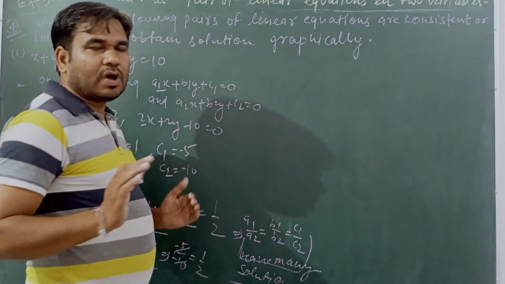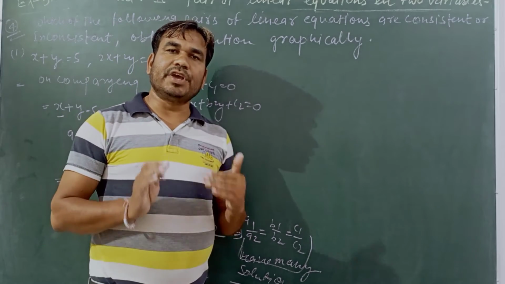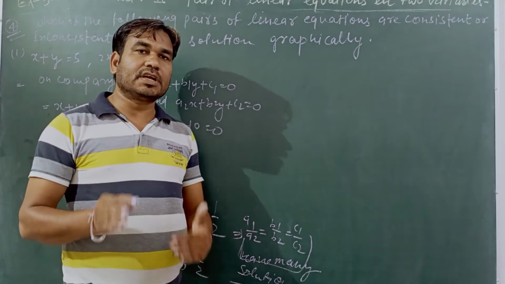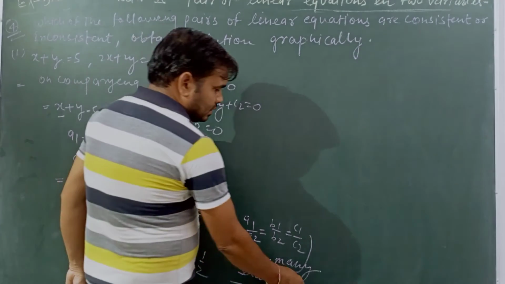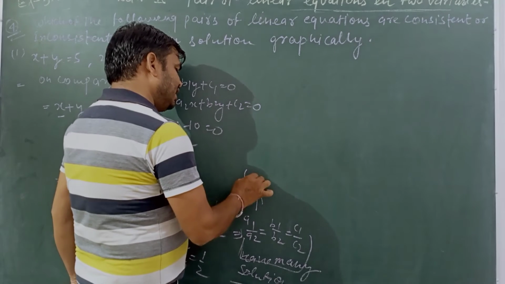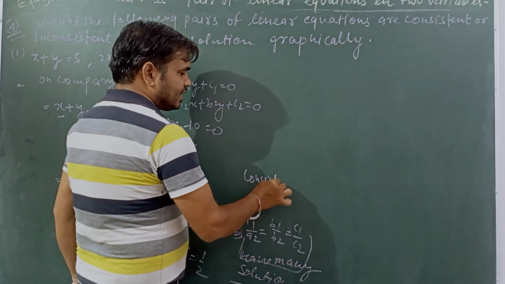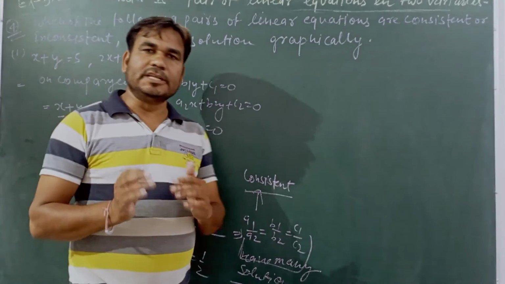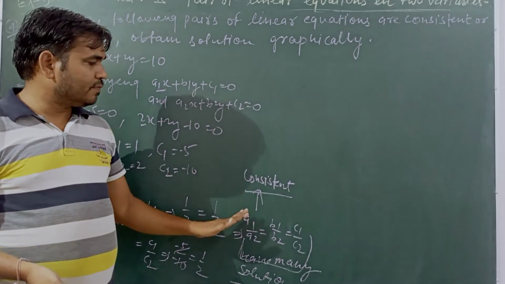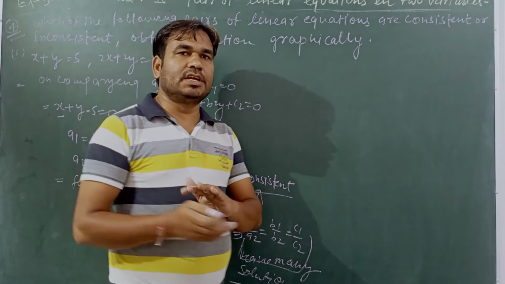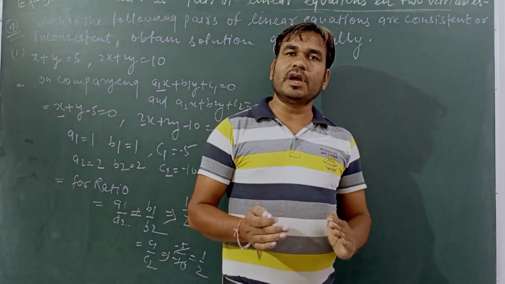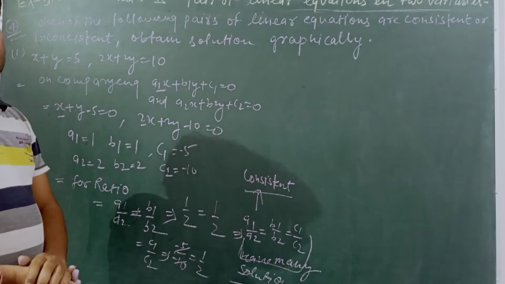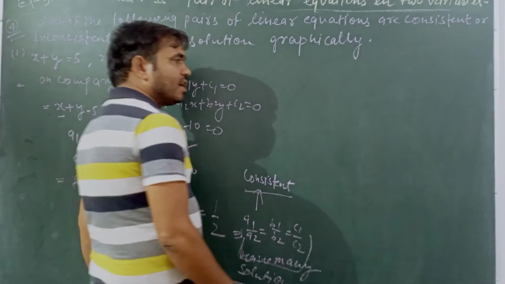I have told you that when a pair of linear equations has a solution, it is called consistent. So these are consistent lines. When a pair of lines is consistent, you have to obtain the solution graphically.